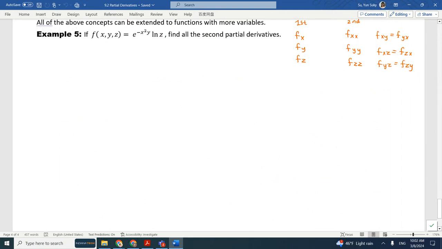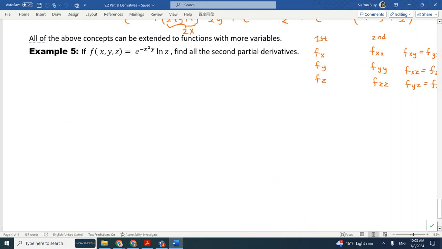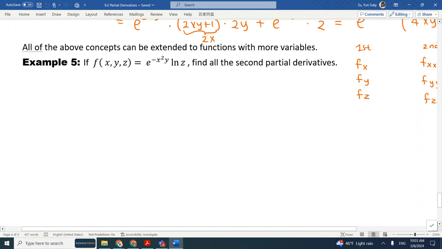Okay. So example 5, this is f. Let's find all the first partial derivatives. And let's make it bigger. So fx. This is the function.